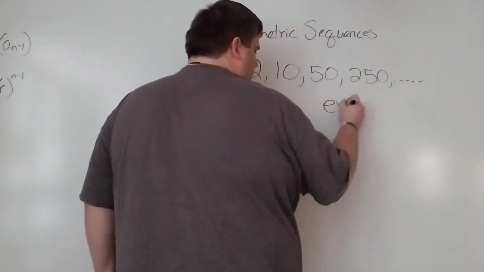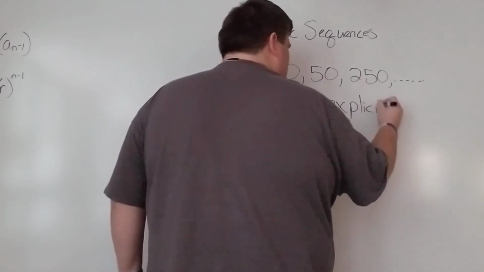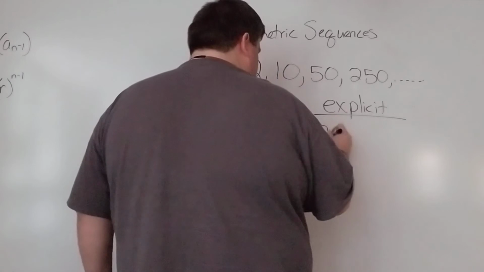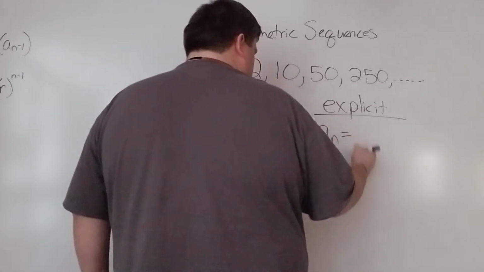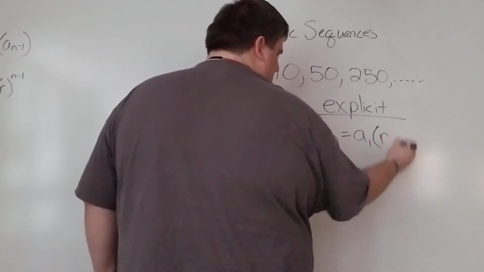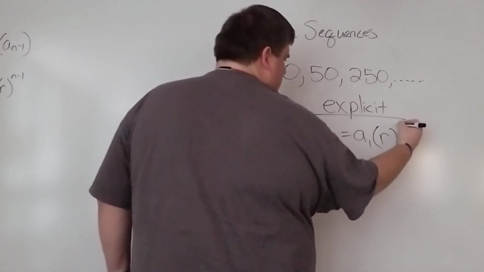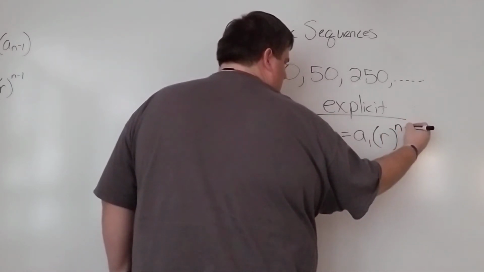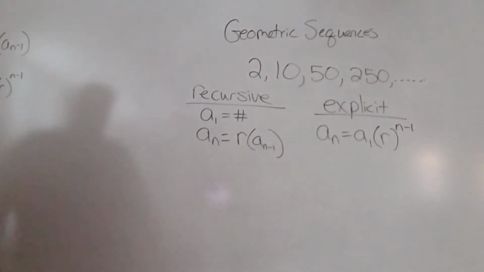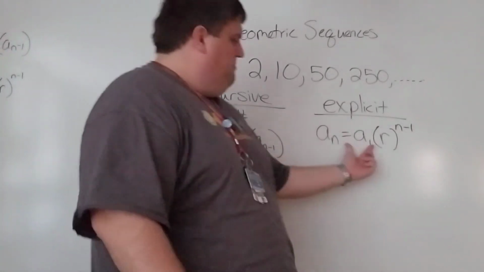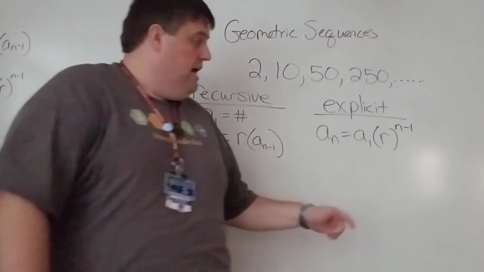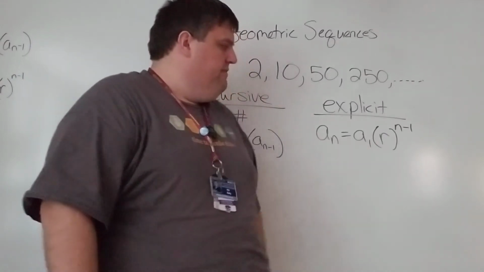The explicit formula is going to be a sub n equals a sub 1 times r to the n minus 1 power. So here we're taking that first term and it's going in our y-intercept spot in our exponential function, if you want to think of it that way.